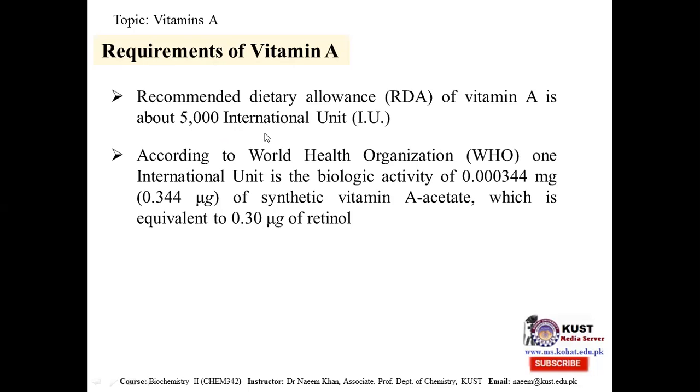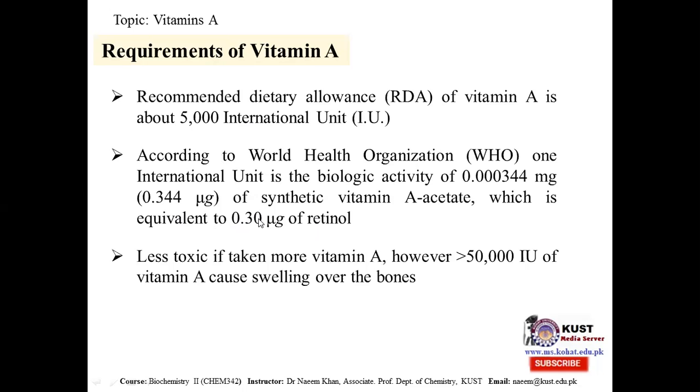Daily dietary allowance is 5,000 international units, and one international unit is 0.30 microgram retinol. So for our normal health, we need 0.30 microgram retinol as 1 unit, and we need up to 5,000 in our diet.